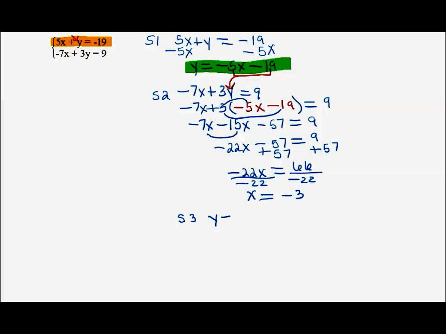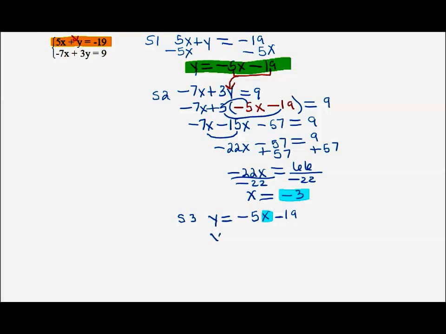That becomes y equals negative 5x minus 19. Now in step 2, I solved for x, and now that I know x is negative 3, I'll simply substitute that into my step 1 equation.